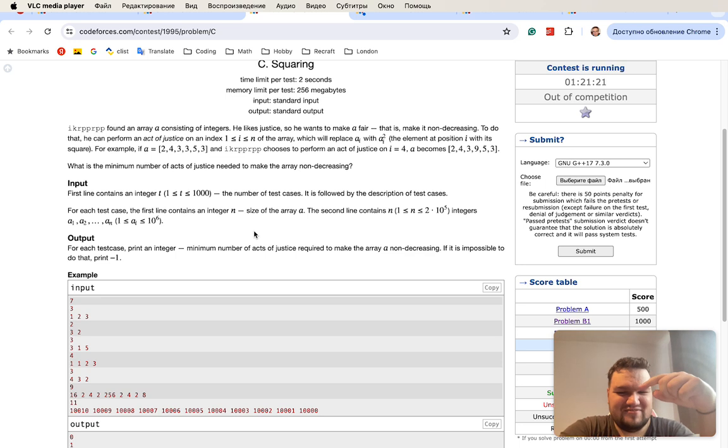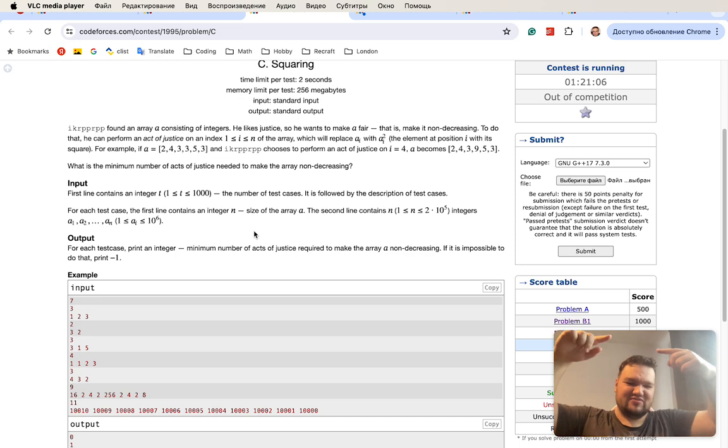Basically, if we take two numbers and apply some number of squarings, we will get some relation between those numbers.